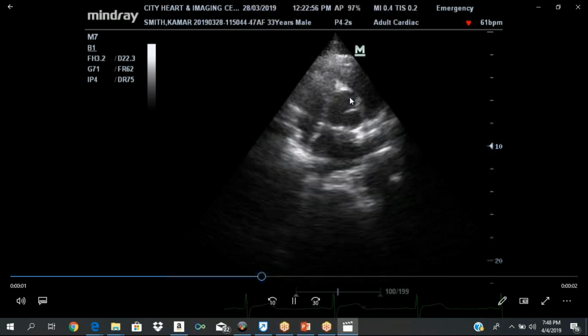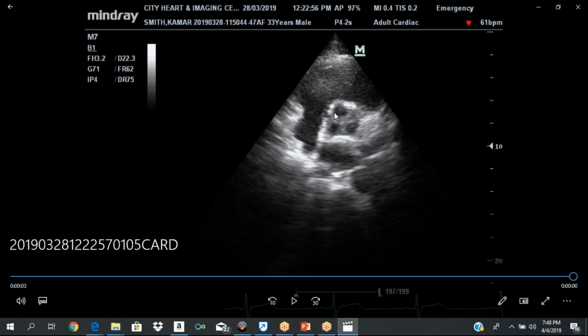You can see your aortic valve opening and closing. Your tricuspid valve is over here, the pulmonary valve is there, this is your right ventricle, and the right ventricular outflow tract is there.